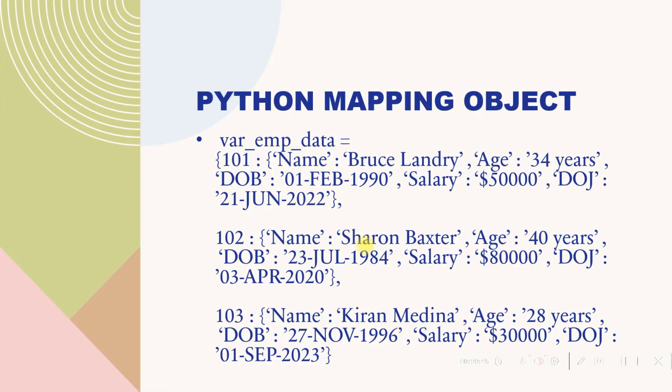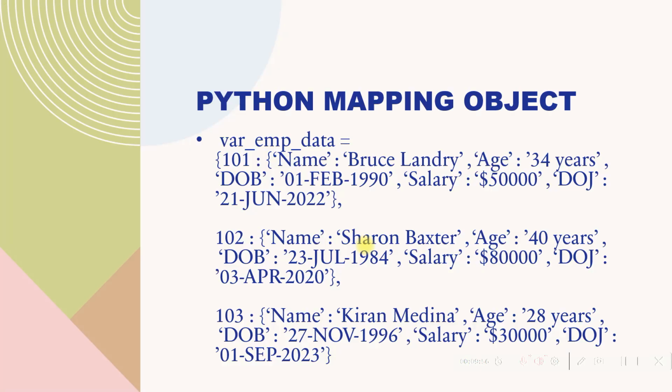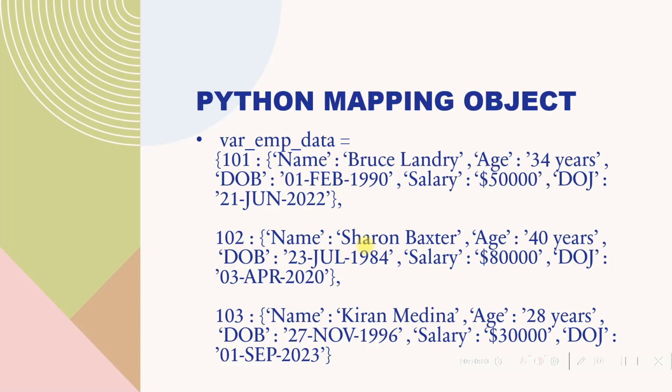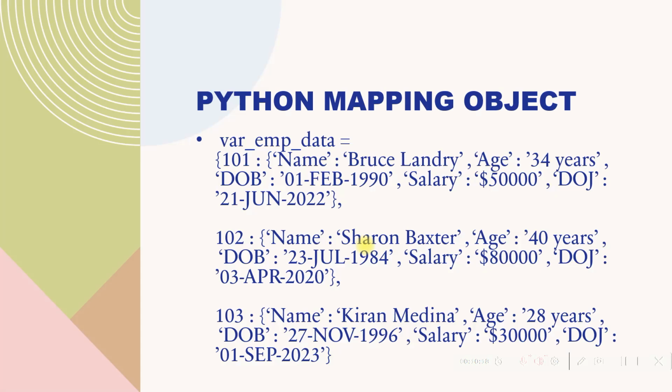Now the next element is salary. Salary is $50,000, and date of joining is 21st June 2022.